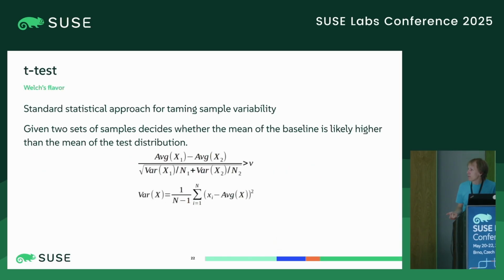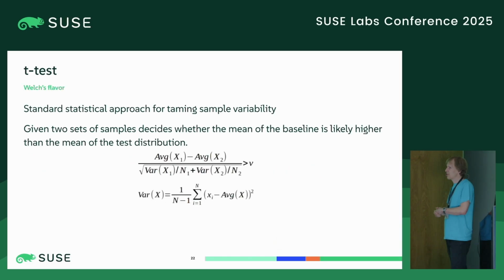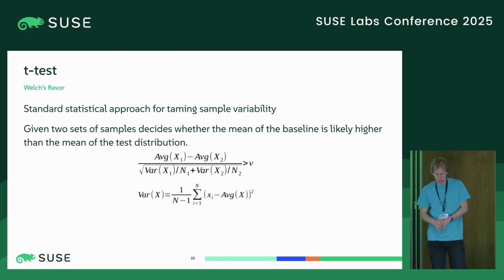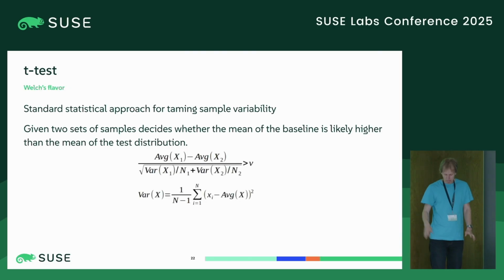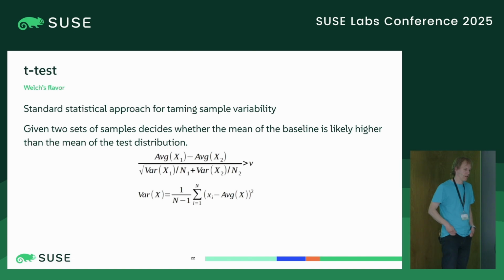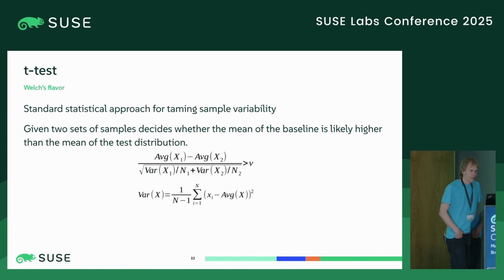And there is a standard method for this, the so-called t-test. I will be speaking here about the Welch t-test. There are different flavors, but again, not that important for our task.